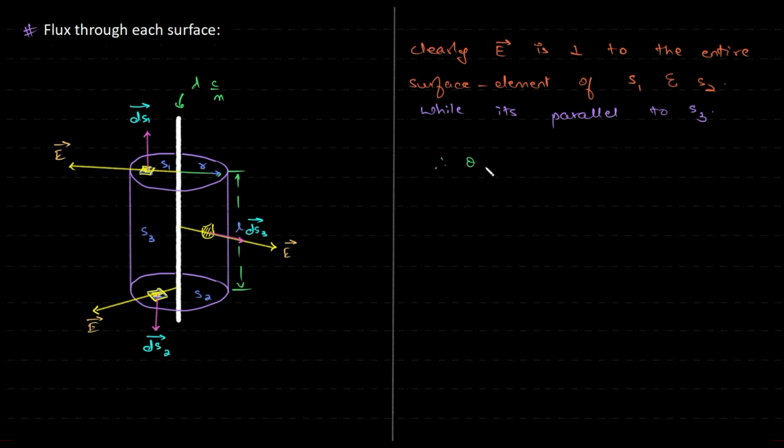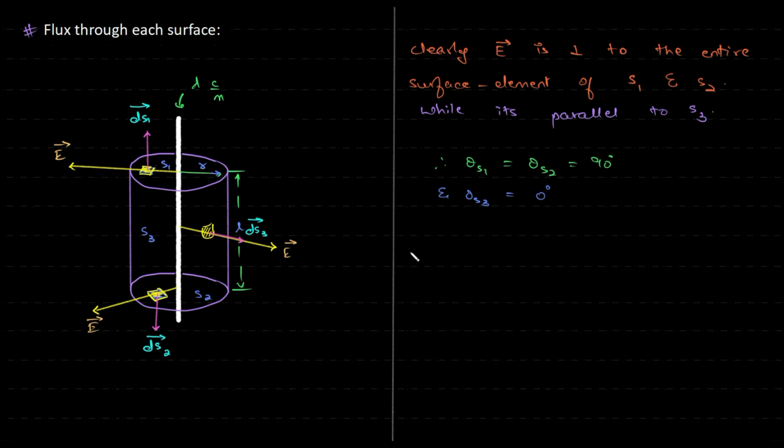Therefore, theta S1 is equal to theta S2, which is equal to 90 degrees, and theta S3 will be equal to 0 degrees. Right? So this is all the conclusion that we can come to.